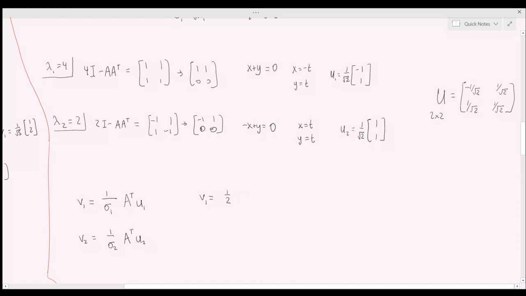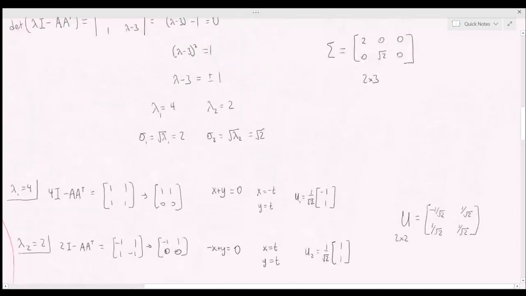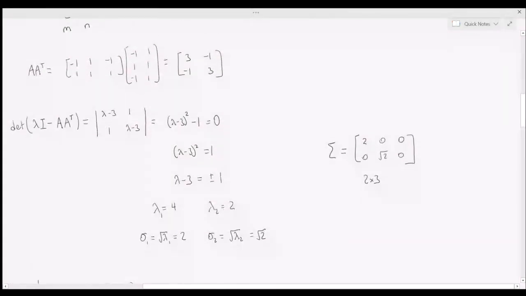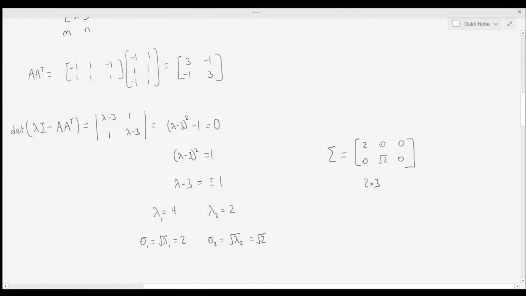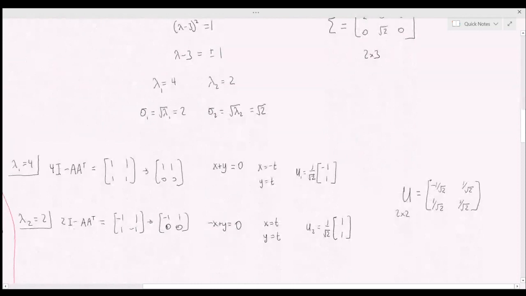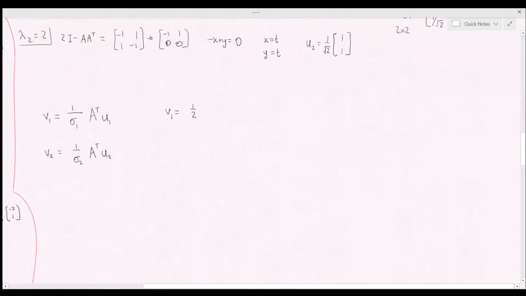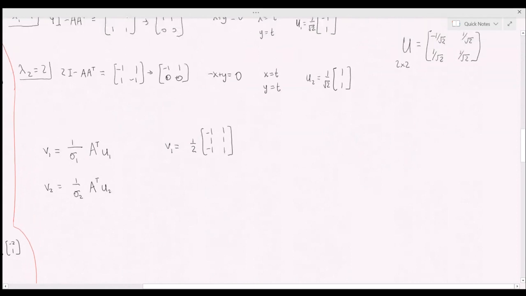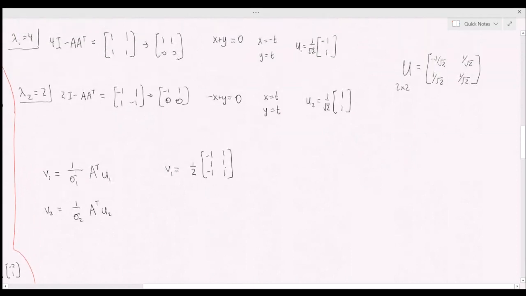And then A transpose was, okay, so this was A transpose up here. And then u1 was 1 over root 2 times (-1, 1).